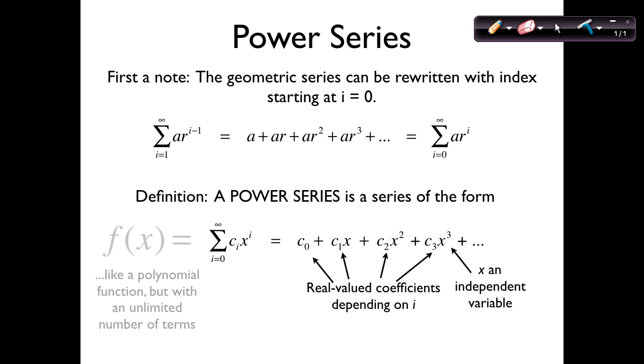So what's the key critical question we want to ask about a power series? The same key critical question we've asked about every series: convergence. But now, instead of does it converge or not, we don't have a yes or no question anymore.